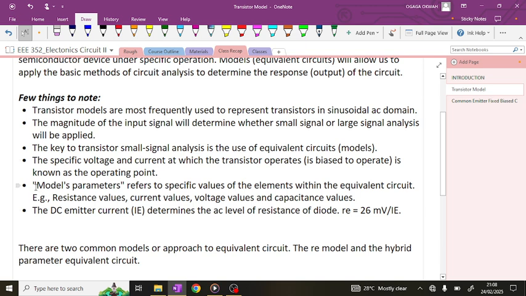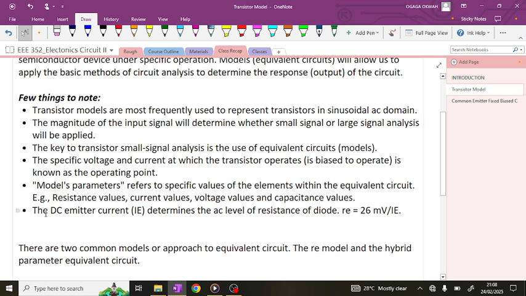Then the next thing is model parameters. Once you hear this, what do they mean? They refer to specific values of elements within the equivalent circuit, e.g. resistance value, current value, voltage value, and capacitance value.